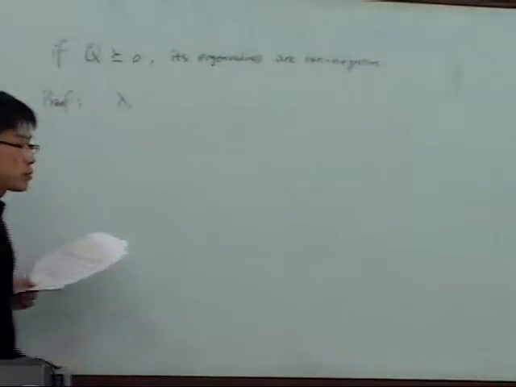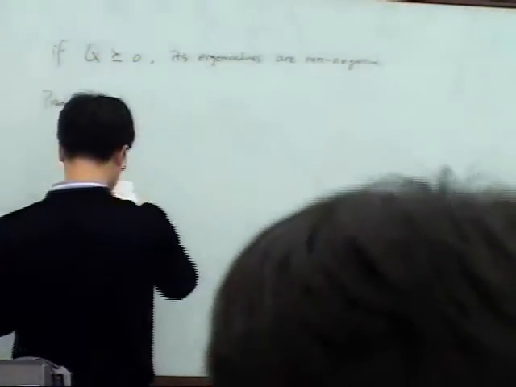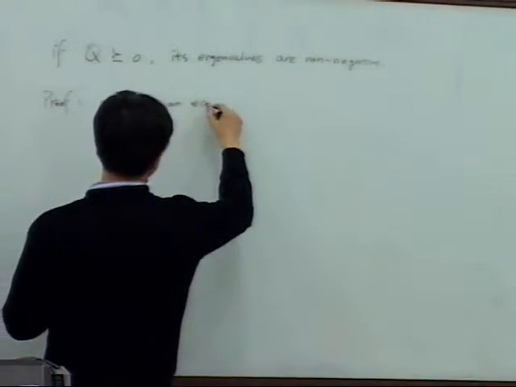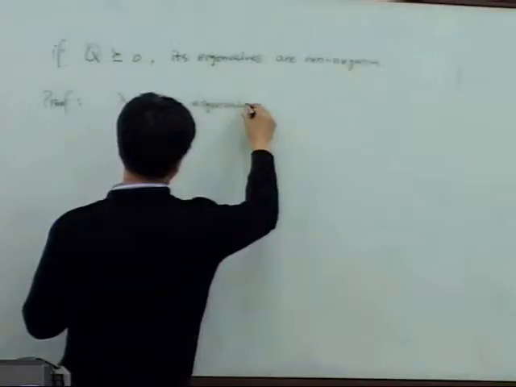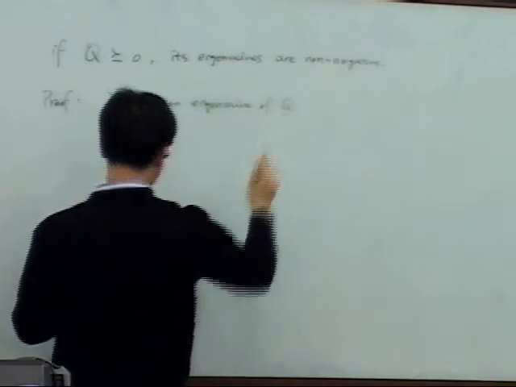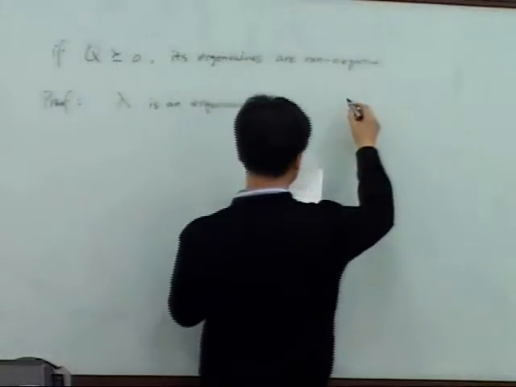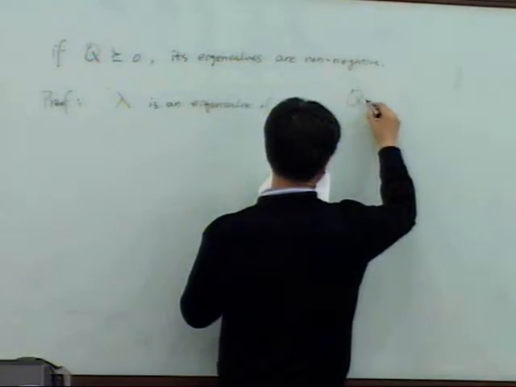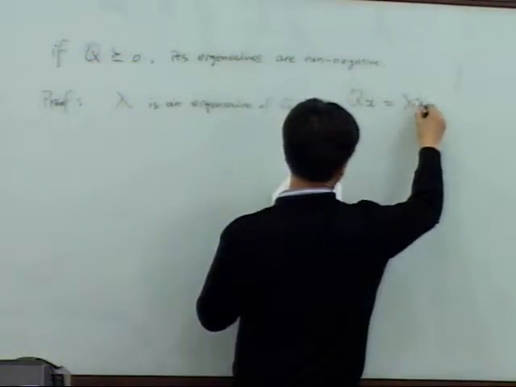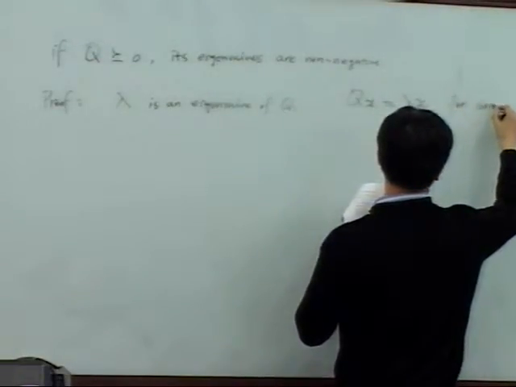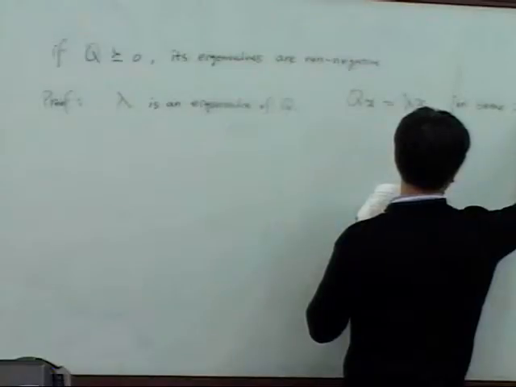Let's say this lambda is an eigenvalue of Q. And since this is an eigenvalue, we can write Qx is equal to lambda x for some non-zero x.